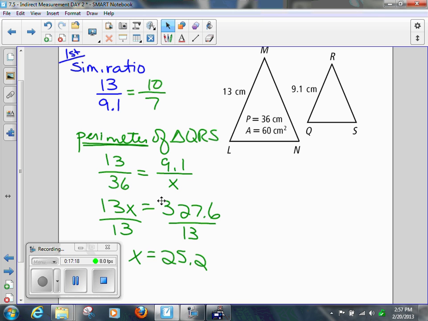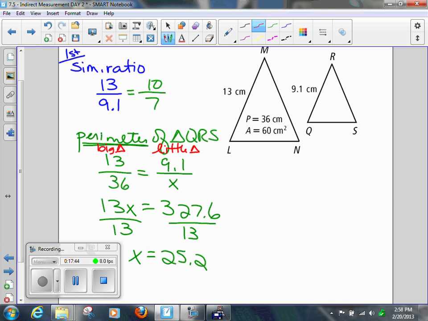Here's what Justin did, okay? He took the information that we had, and we have a pair of corresponding sides available to us. We have 13 and we have 9.1. And he set those over each other. He took the big triangle information and set it equal to the little triangle information, didn't he?